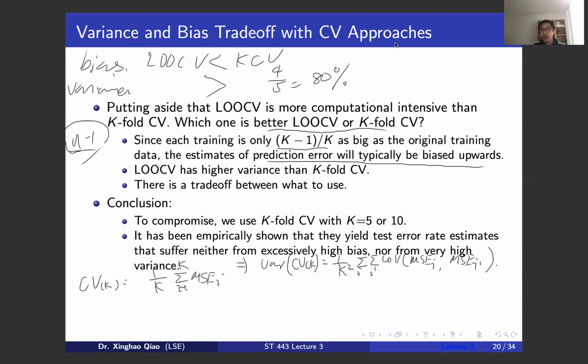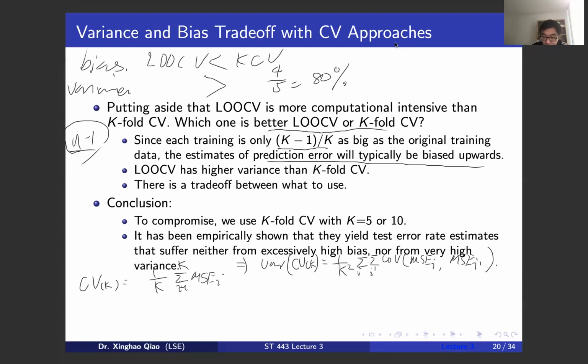If they are independent, their correlation will be 0, so we do not need to consider the covariance term. But here, we need to consider not only the variance term, which is the case where i equals i prime, but also, for i not equal to i prime, their covariance.